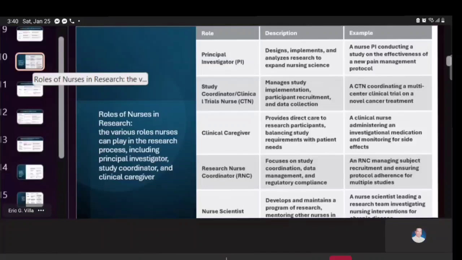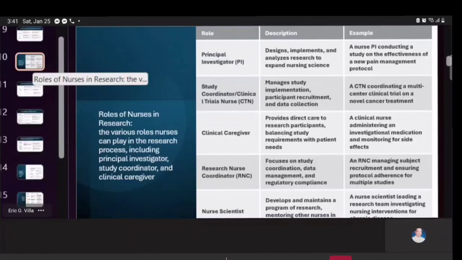Nurse scientists, on the other hand, develop and maintain programs of research, often mentoring other nurses in research methods. These nurses may lead research teams that guide the development of research questions and also oversee the implementation of multiple related studies.